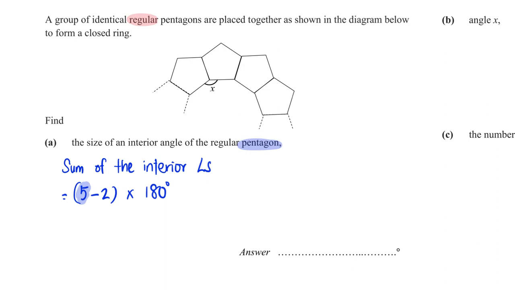Okay? And therefore I will get a value of 540. And therefore, the size of an interior angle then, I have 5 of them, so divide by 5, 108.